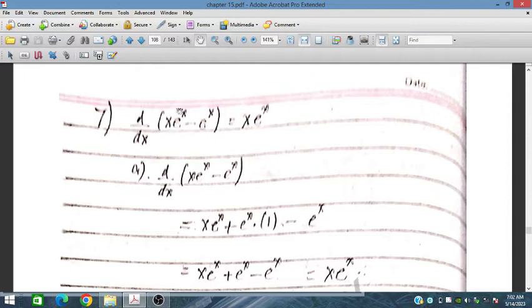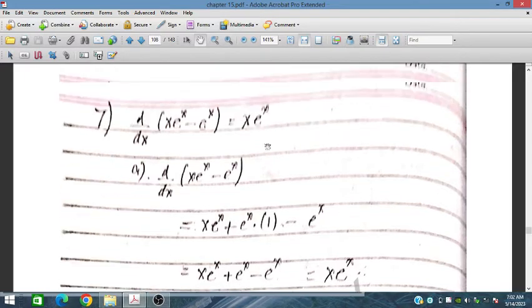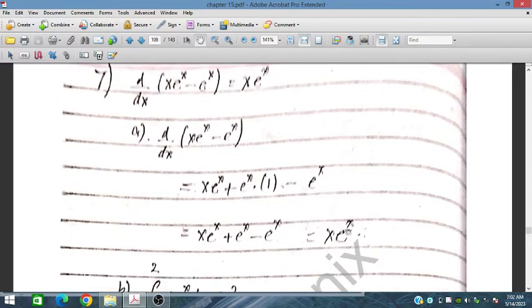On differentiating this part and this part, this is x e power x, which is basically u v, and then this one. This will give the same result, and this is u and v. So on solving we have this. So this is proved. This part is easy.